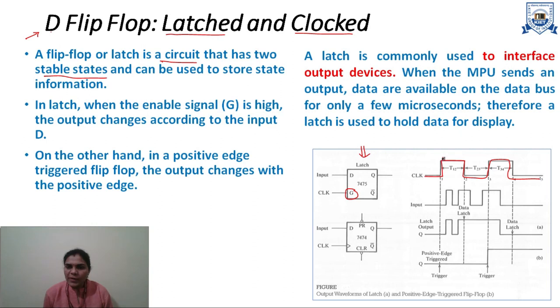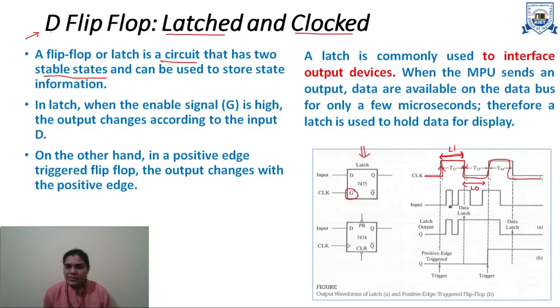This clock pulse has level 1, this is level 1, this is level 0. This is the positive edge, and this transition denotes the negative edge of the clock. So latches are level sensitive. It can be level 1 sensitive or level 0 sensitive.